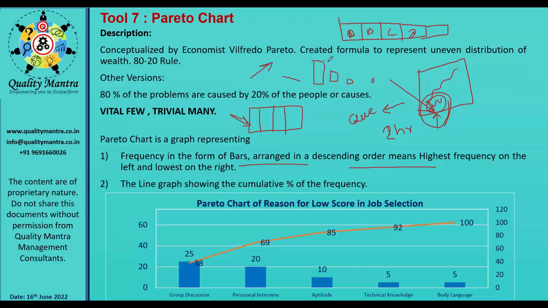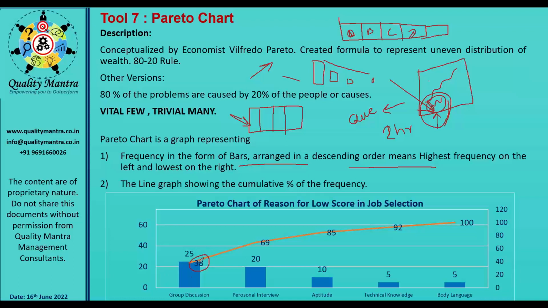So you have to arrange the data in descending order. On the left the highest value, on the right the lowest value, and then a line graph which represents the cumulative percentage.